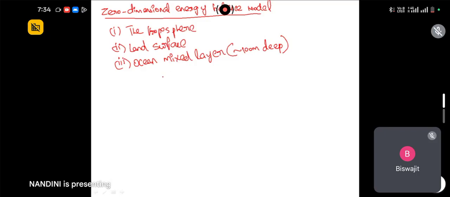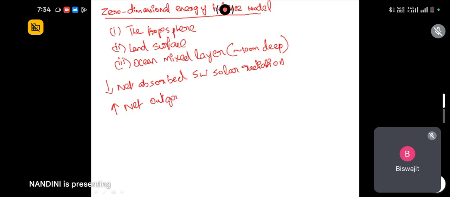The energy transfers into and out of the climate system are basically, so we are neglecting mass and heat transfers. We are only considering radiation. So the energy transfer into and out of the climate system are due to net absorbed shortwave solar radiation, which is incoming, and what is outgoing is the net outgoing long wave thermal radiation.